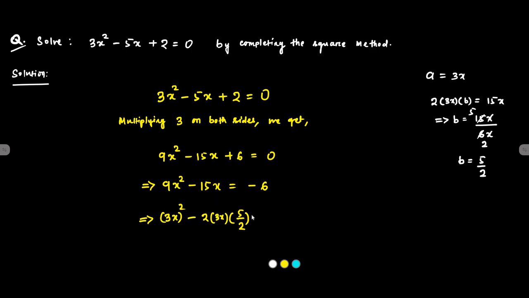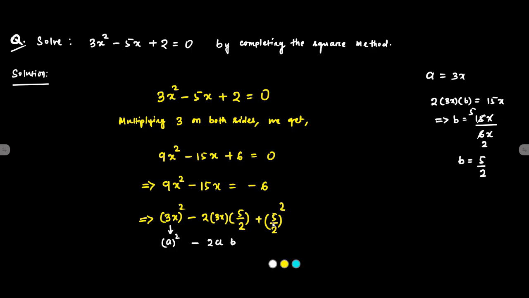Now this is a square here, and we have 2ab. Now we need plus b square to convert it into a minus b whole square form, so we have to add plus 5 by 2 whole square.